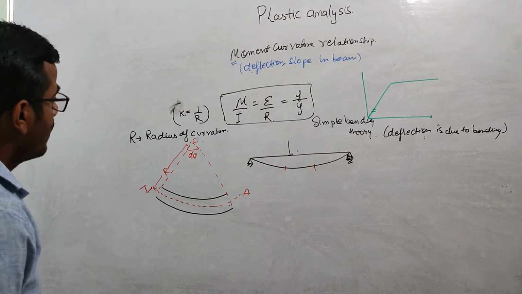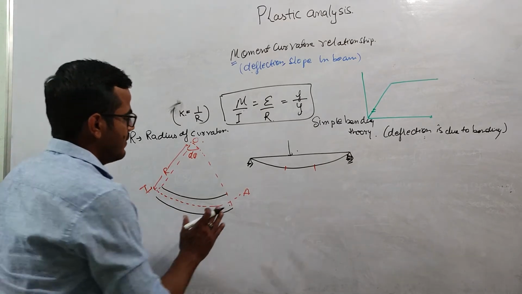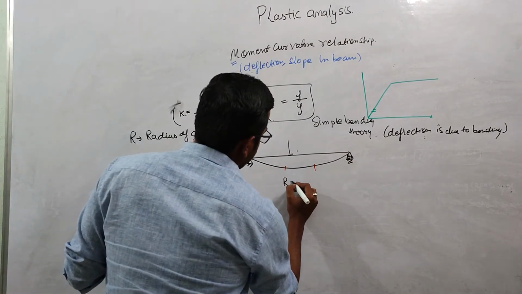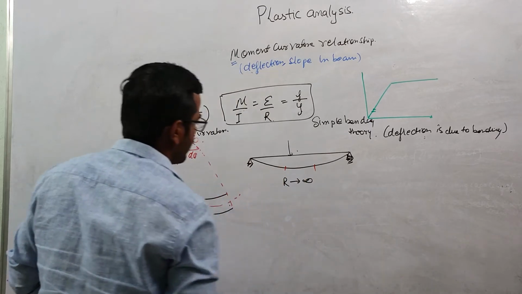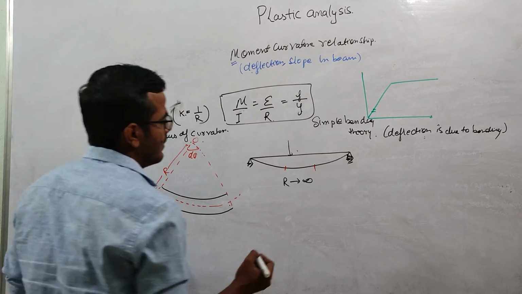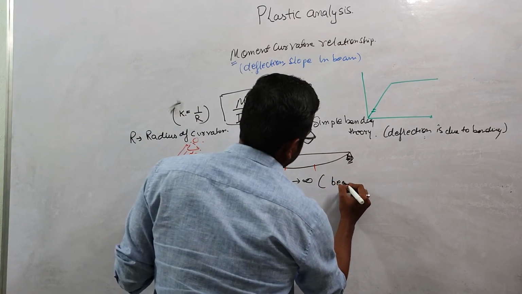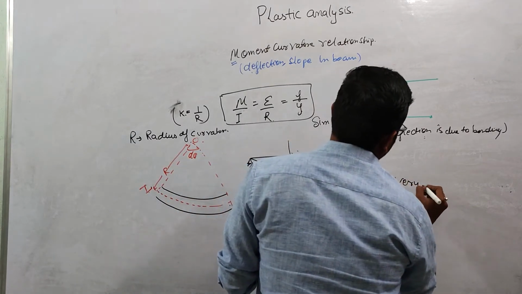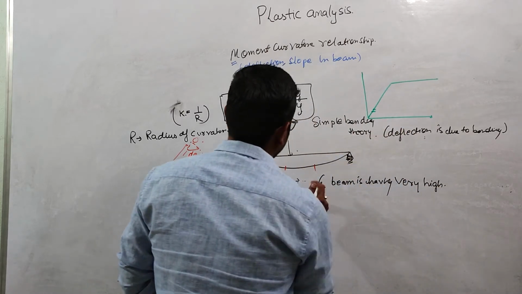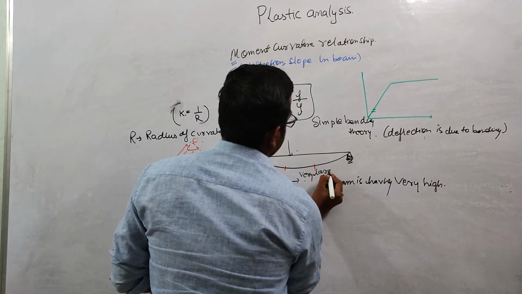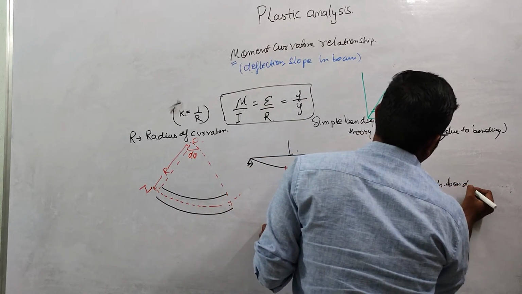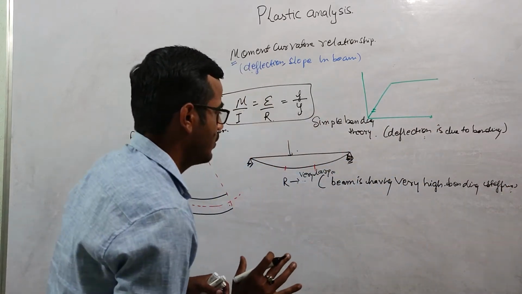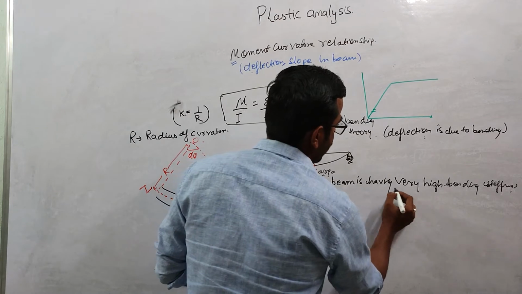If the radius of curvature is infinite, or very large, that means the beam has very high bending stiffness.